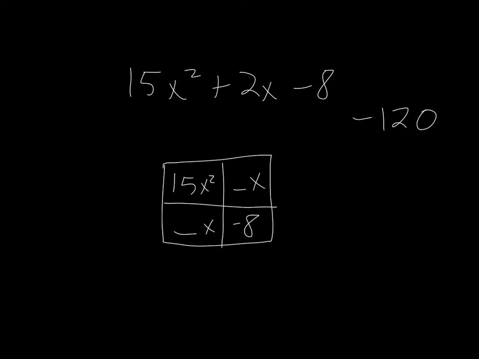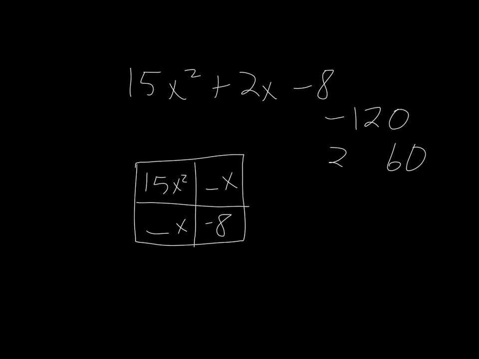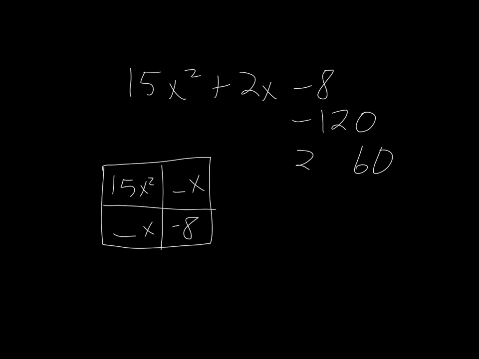So let's take, for example, 2 goes into 120 60 times. Well, 2 times 60 equals positive 120, not negative 120. So I need one of them to be negative in order to make this multiply to negative 120.